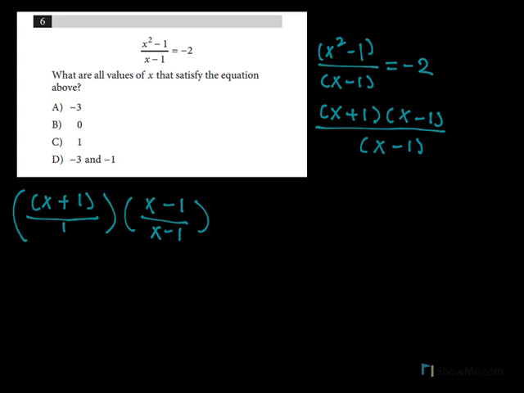And since x minus 1 over x minus 1 equals 1 when x is not equal to 1, we know that x plus 1 over 1 times x minus 1 over x minus 1 is equivalent to x plus 1 over 1 times 1, or if you cross out the numerator and denominator for 1, we would get x plus 1.